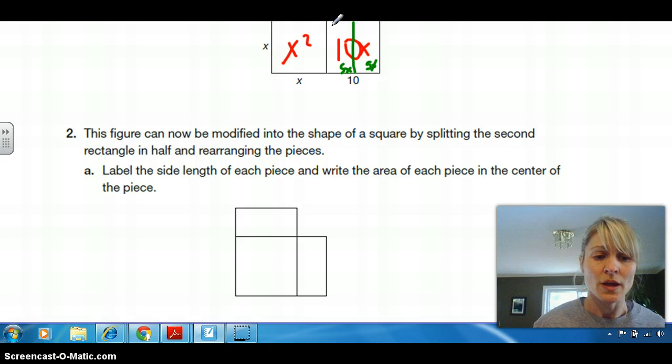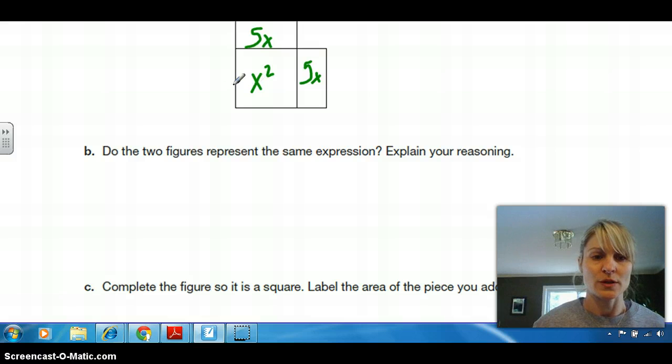Okay? So it says label the length of each piece and write the area of each piece in the center. Well, we already know that this big piece here is x squared. We cut this in half, so we know that this is 5x and this is 5x. So if we think about what multiplied to be there, we know that x times x gives us the x squared.